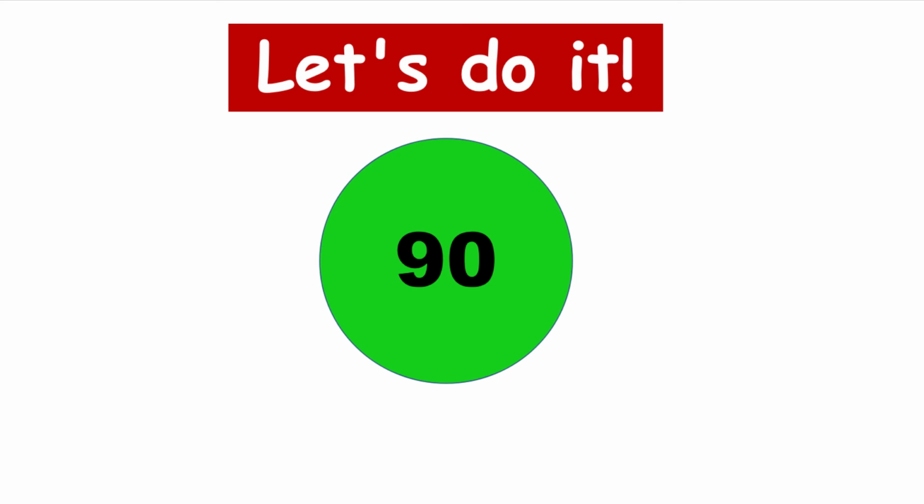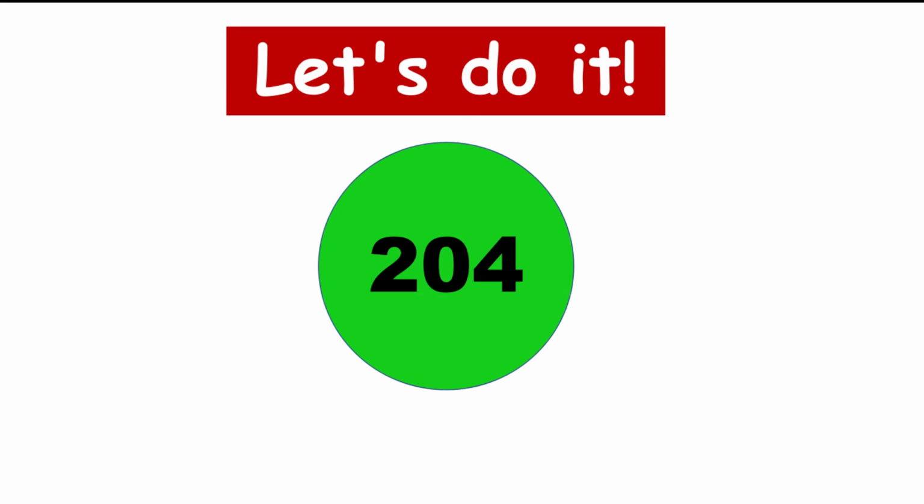The first number is 90. Is 90 divisible by 10? You're right! 90 is divisible by 10. The next number is 204. Is 204 divisible by 10?